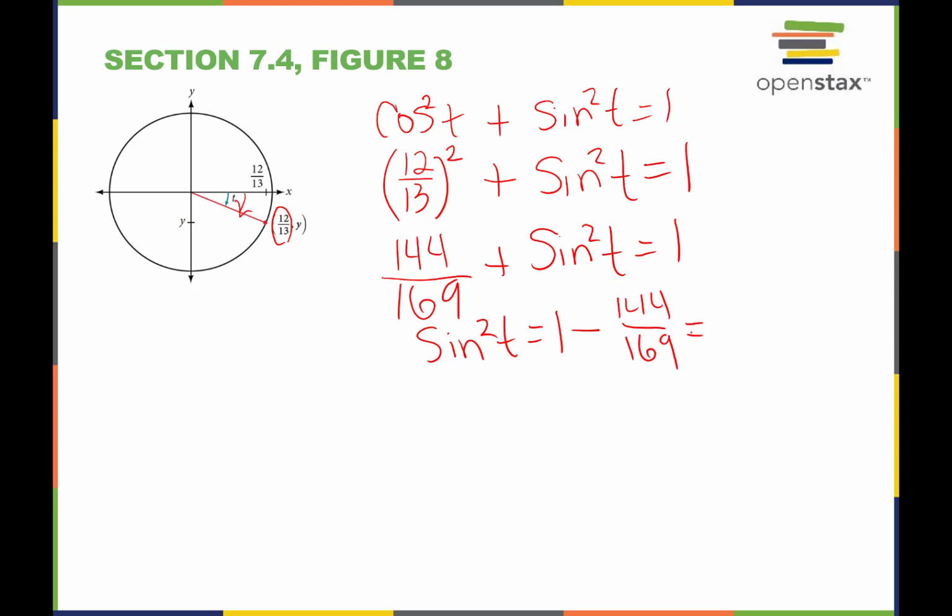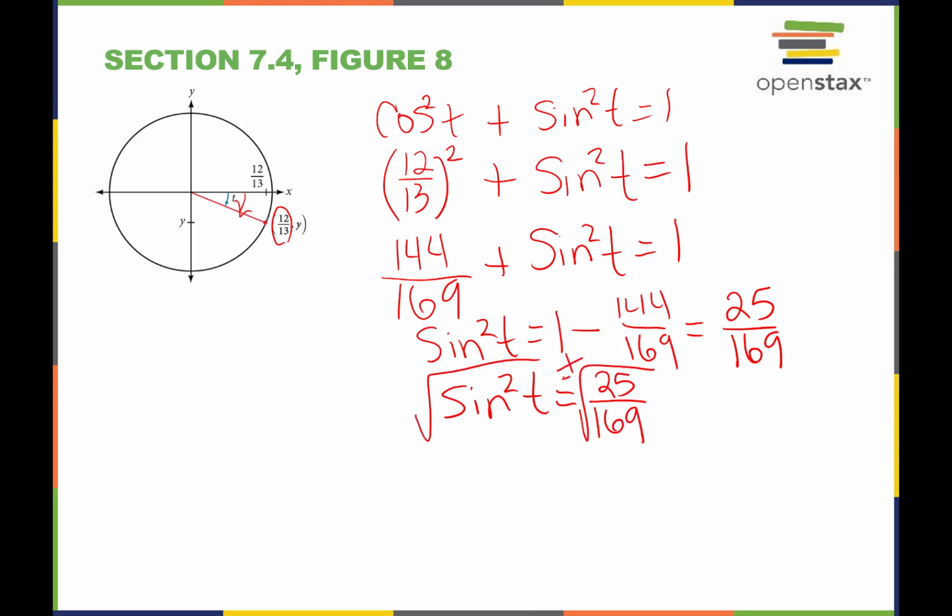If I make that 169 over 169, and I subtract 144 over 169, that gives me 25 over 169. So now I'm going to square root both sides. When I do that, I have to remember plus or minus. So sine of my angle is equal to plus or minus 5 over 13.